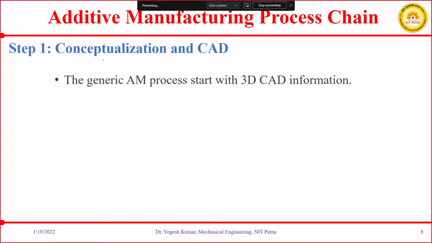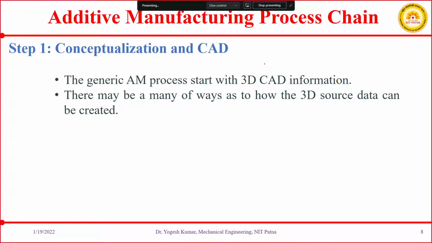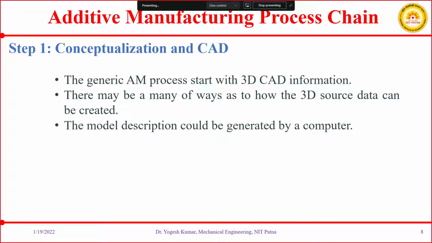Okay, so the first step is conceptualization and 3D modeling of your part. We need to gather all the 3D information related to your component that needs to be printed. So we need to gather information related to your geometric data, and then you have to create the 3D model in solid modeling software.